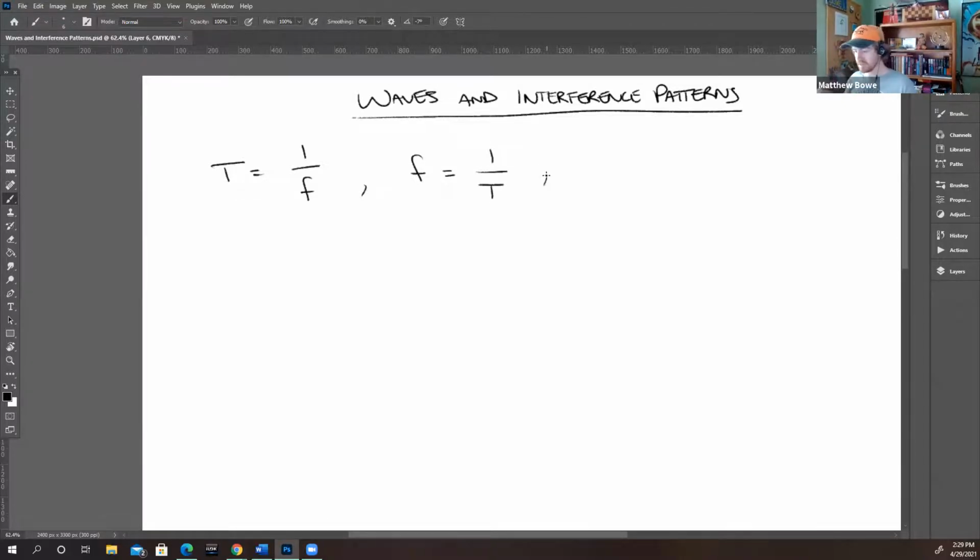You can think of frequency as, well, the units are hertz, which just means 1 over a second. So when we're talking about frequency, just think of how many waves per second. It's just like a timer or like someone counting.